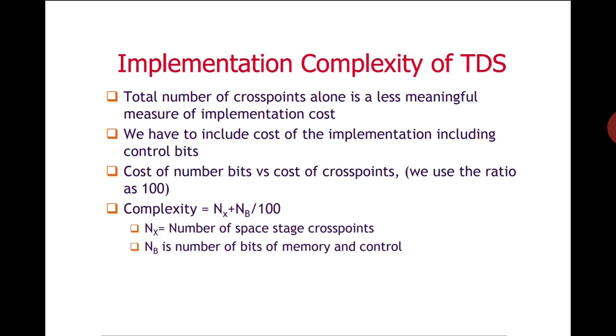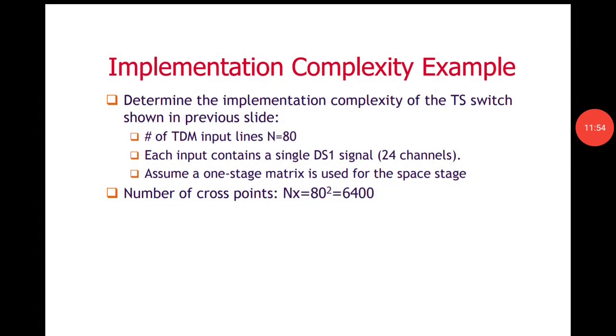Implementation complexity example. Determine the implementation complexity of the TS switch shown in the previous slide. TDM input lines n is equal to 80. Each input contains a single DS1, 24 channels. Assume a one stage matrix is used.